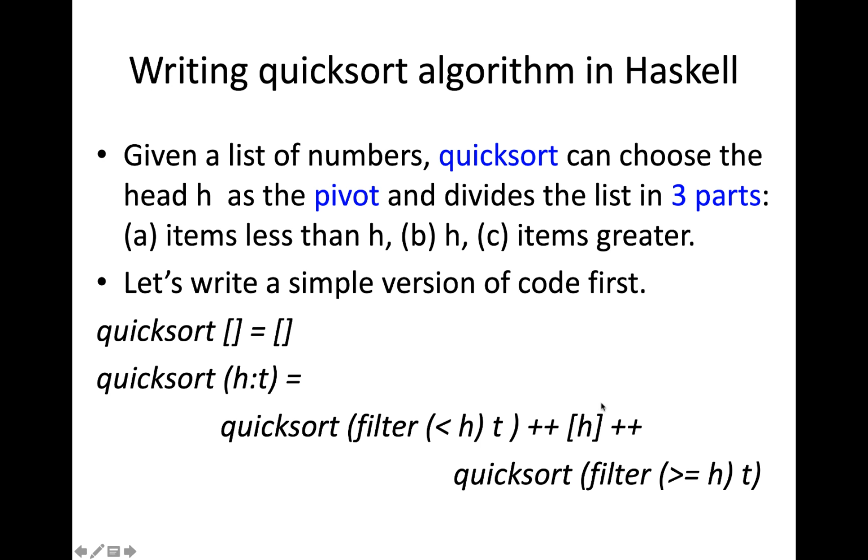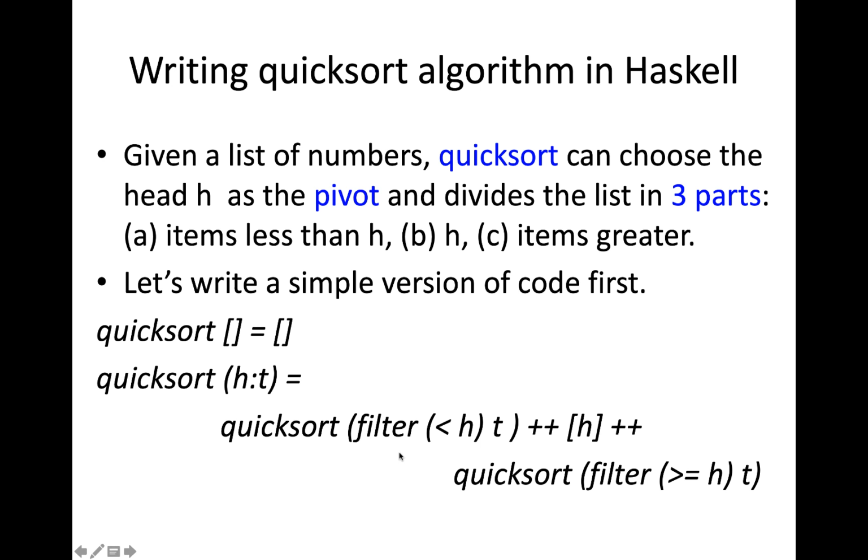And in the middle we have h, and then on the right we have those elements in tail which are greater than or equal to h, and we are going to of course apply quicksort on that for the recursion, right? So you can see that it's a very elegant way of writing this powerful function quicksort just in 2 lines in Haskell.